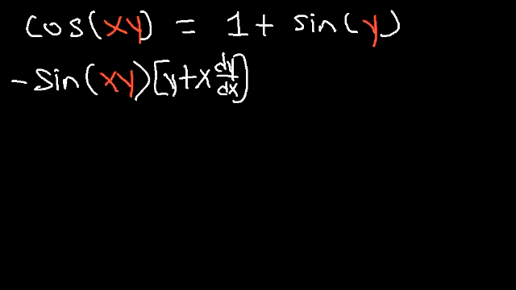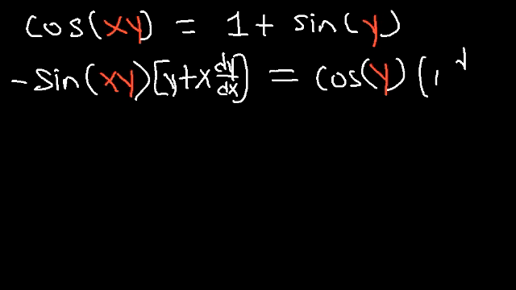On the right side, the derivative of the constant 1 is 0, and the derivative of sine y is going to be cosine of y times the derivative of the inside, which is 1 dy dx.